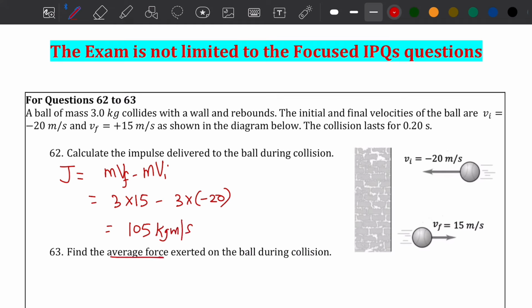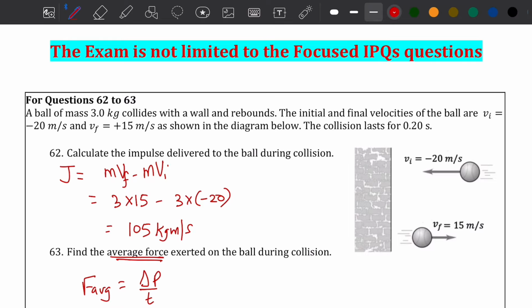Then it's asking for average force. So we'll use the formula for average force, which is delta P over T. In the formula sheet, maybe you will see this equation, J equals F average multiplied by delta T, which you can rearrange, or you can use this formula itself to get F average from the impulse formula.